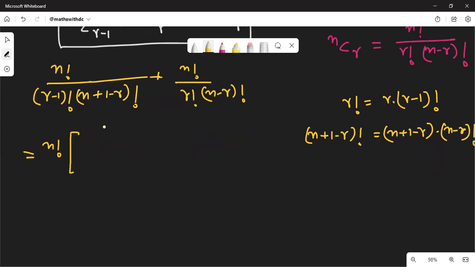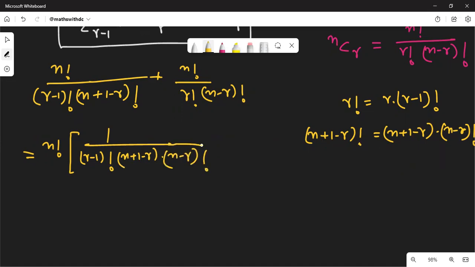In the denominator of the first term, we write numerator 1 is left, denominator (r minus 1) factorial, let it be as it is. And (n plus 1 minus r) factorial can be written as (n plus 1 minus r) times (n minus r) factorial.